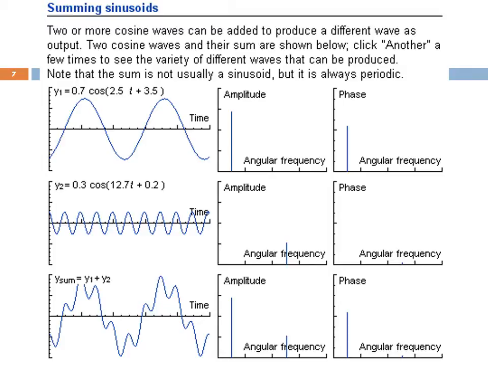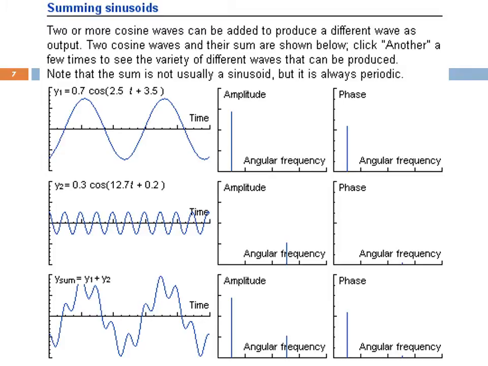So the summation of two sinusoidal waves will provide a function having 2 points in its spectrum. If we continue in this way and make the summation of 3 sinusoidal waves, we will have a periodical signal that has 3 points in its frequency domain representation, and so on.